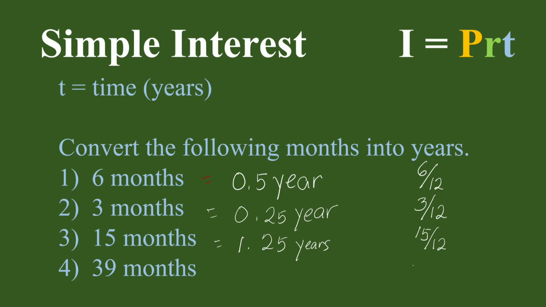And then finally, we have 39 months divided by 12. 39 divided by 12 is 3.25 years. Now, on a separate slide, we will be discussing unit of time other than months and years. Days, unit of time. So, it will be on a separate lecture video.